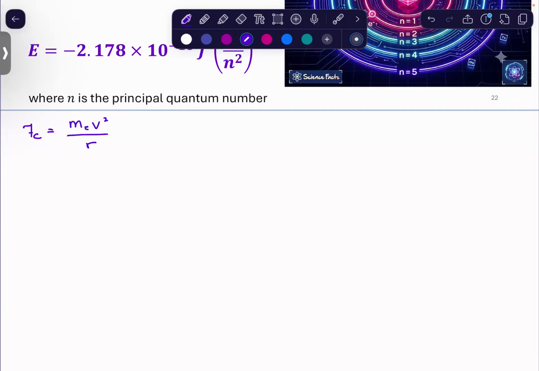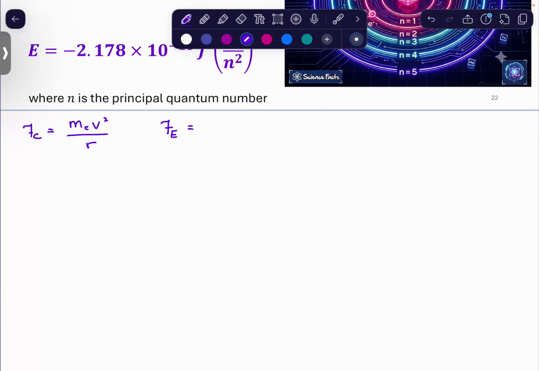And this time, the mass is the mass of an electron. And this centripetal force that they experience is actually what we know as the Coulomb force. So that means the electric force that these electrons are experiencing, and that makes sense because the force they're experiencing is that electric attraction to the positive nucleus.